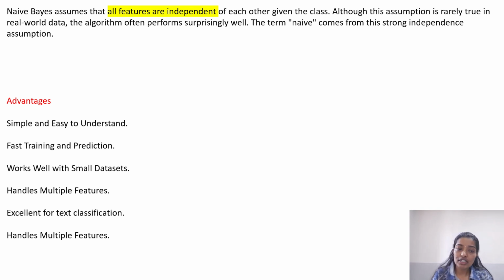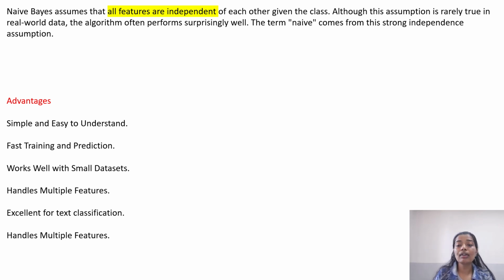When we have a very limited number of features, this algorithm is, I would say, best. But if let us say we had 100 classes and then we need to classify them, that becomes difficult because we need to calculate the probability for each class. So when we have a small data set with a limited number of features, the naive Bayes algorithm is very good.